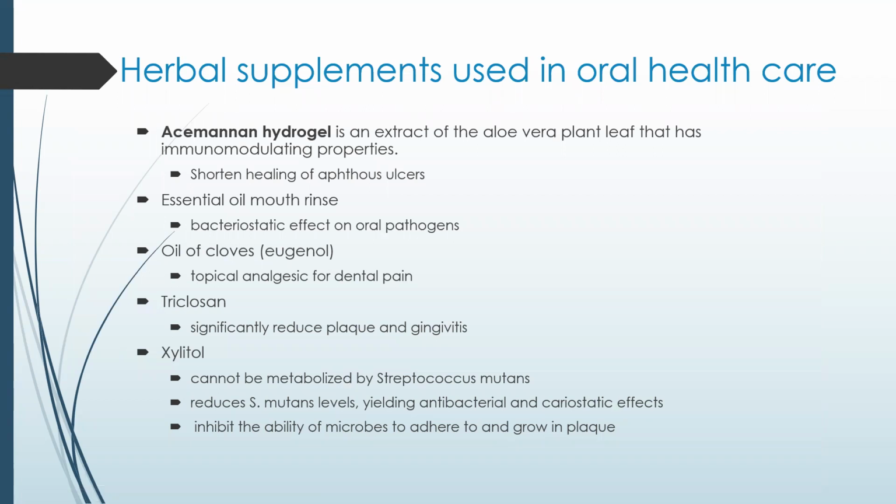Herbal supplements used in oral health care. Here's a summary of what you may find commonly in a practice. I'm not sure how to pronounce this, acemannan hydrogel. Anyways, I know how to pronounce aloe vera. It's an extract of the aloe vera plant leaf that has immunomodulating properties, so it shortens healing.